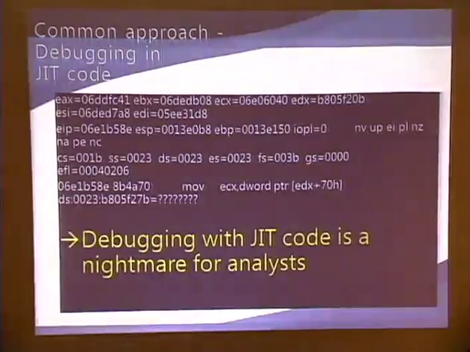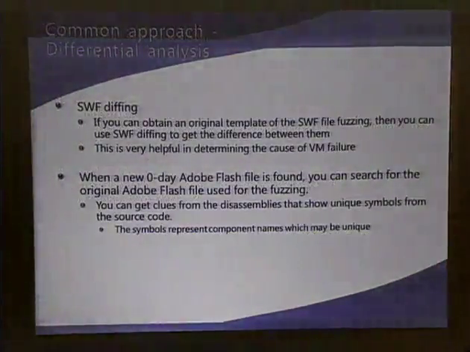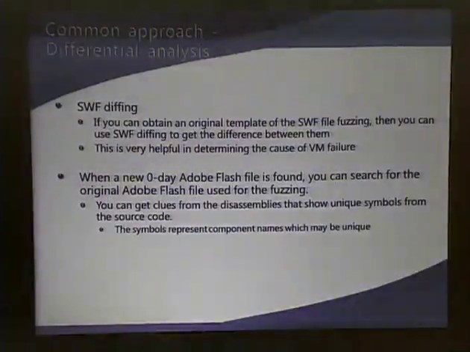But from this picture, this crash point, it is really, really hard to figure out what is happening. If you can't find the original SWF file, then you don't have anything to compare, right? If you somehow can find the original file, you can compare that to the mutated file, and you can figure out what byte is modified and what control flow is changed.